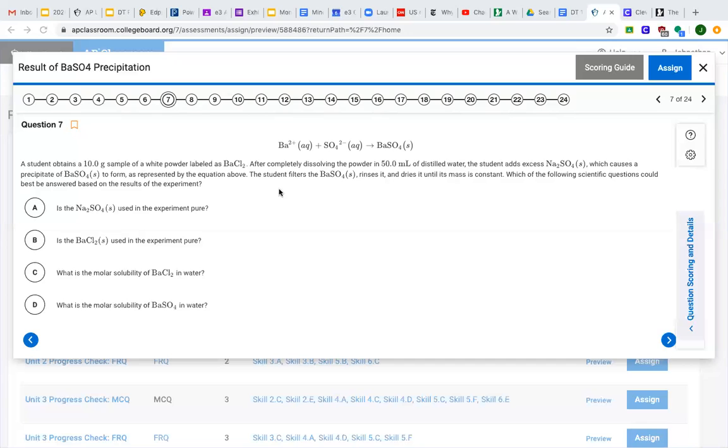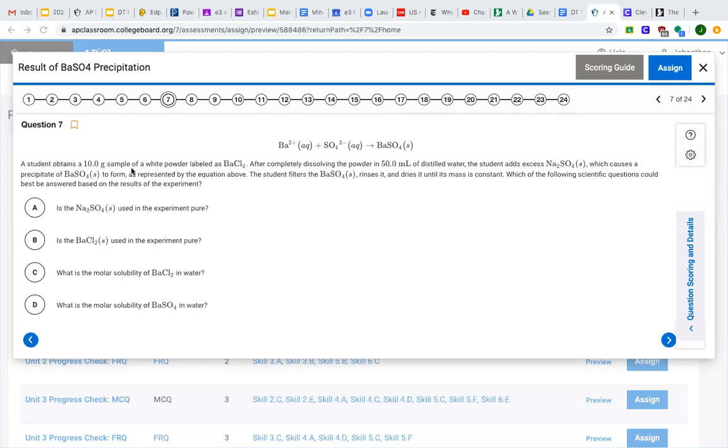Yeah. So with this one, you've dissolved 10 grams of barium chloride in water completely. So you don't know what the molar solubility is because you haven't dissolved to the point of saturation. You see what I'm saying? If you just keep adding barium chloride until you can't add any more, until it won't dissolve anymore, then you can calculate the molar solubility.